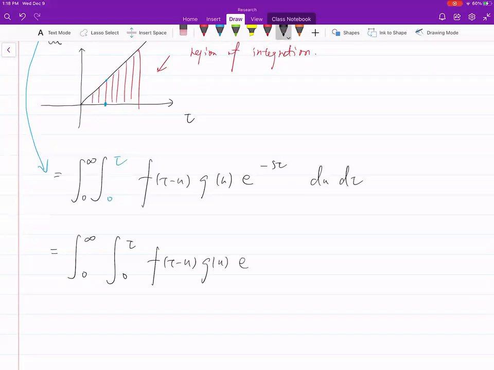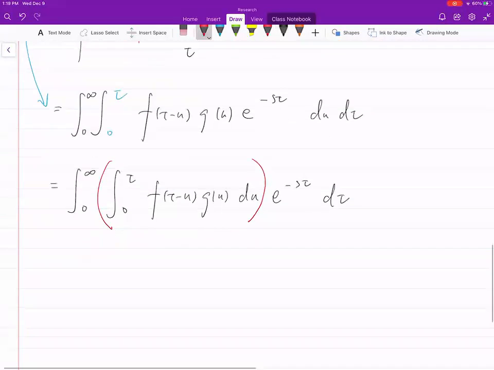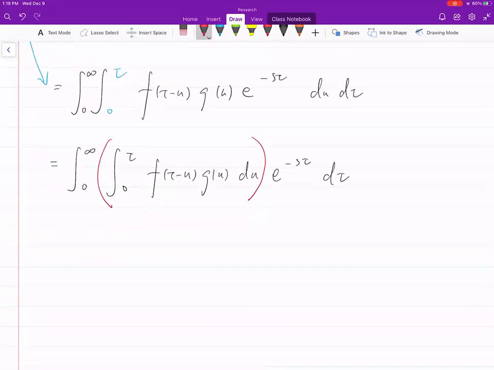∫ u e^(-sτ) du, and then we switch the order. Now take a look. What's inside here is a function of u. Let's call it h(u).